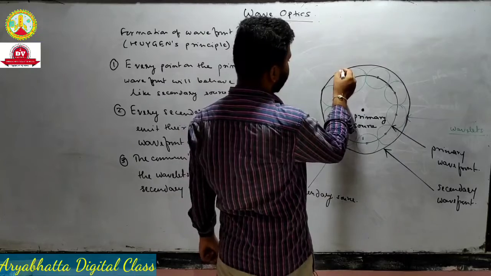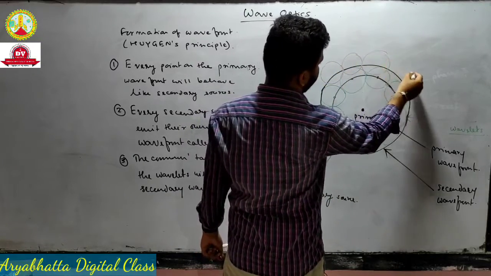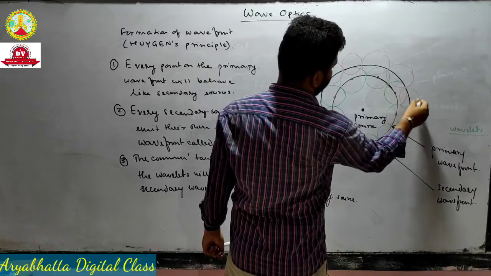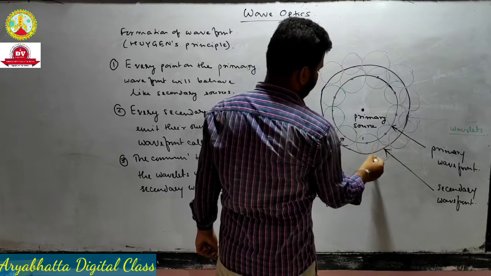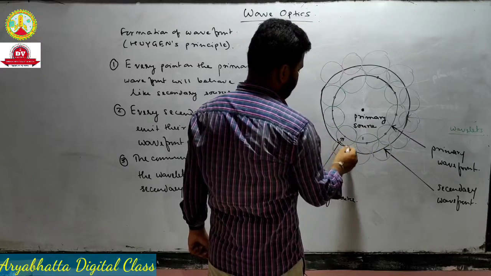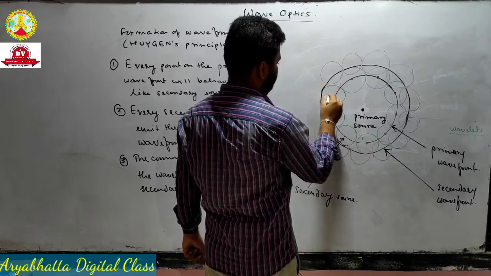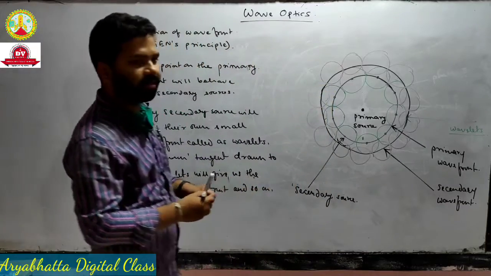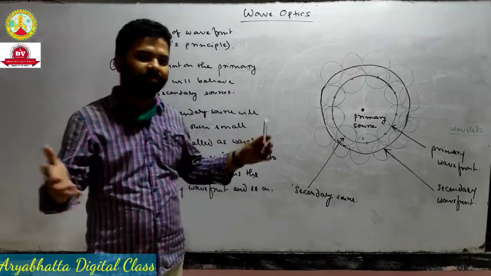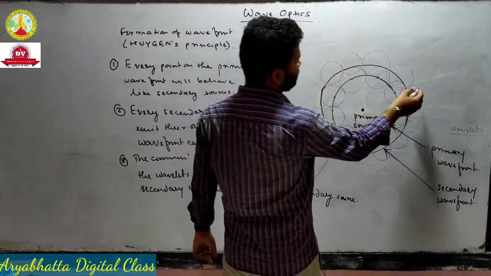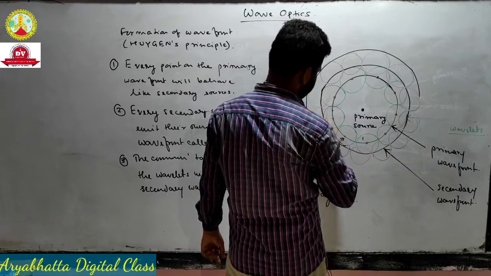So you will get some wavefront again like this. Okay, you will again obtain some wavefront like this. So what is Huygens' third principle? You have to draw a common tangent. So draw a common tangent connecting all the wavefronts.